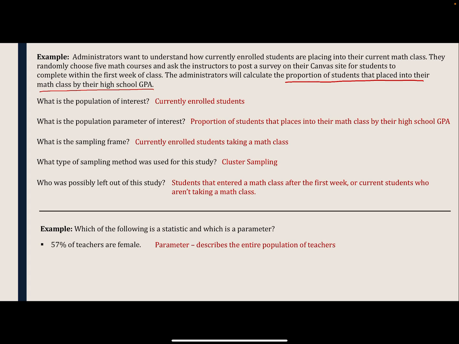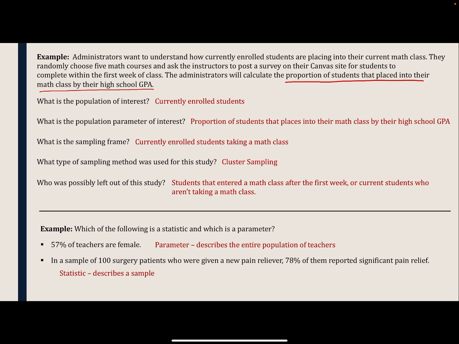This is a parameter because it's describing an entire population of teachers. Whereas if I say, in a sample of 100 surgery patients who were given a new pain reliever, 78% of them reported significant pain relief, now I'm specifically talking about a measurement that was taken from a sample. This is a statistic. So a parameter is a measurement about the population. A statistic is a measurement about a sample.